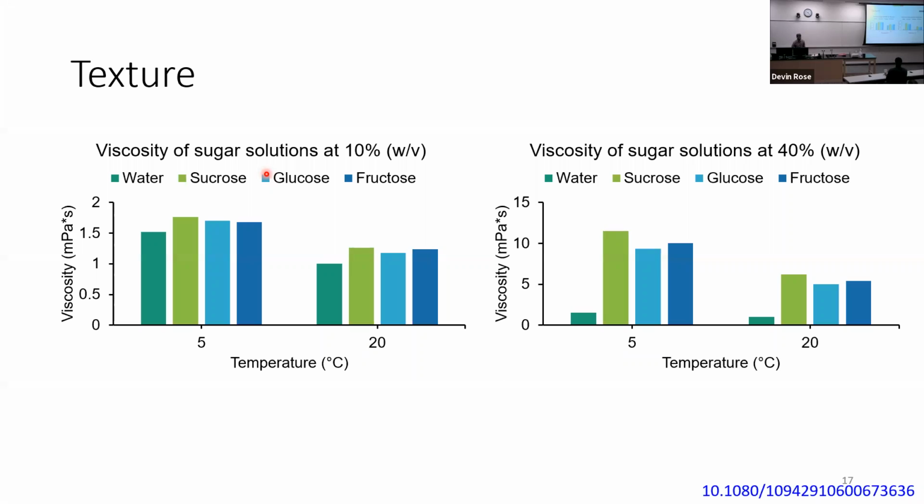And you see here that at cold temperatures, here's 5 degrees, just above refrigerator or at refrigerator temperature, these sugars at 10% increase the viscosity a little bit. So you see that increase is not actually very much at all, but it's enough for us to perceive quite a difference in the mouthfeel of these beverages.